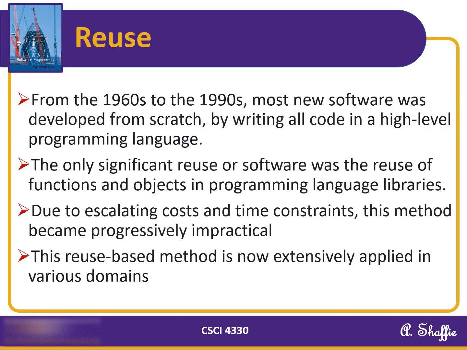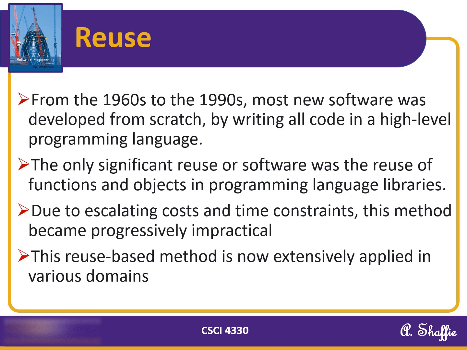Let's start with reuse in the software implementation. In the past, from the 1960s to 1990, most software was built entirely from scratch. Developers wrote code in high-level programming languages, and the only significant reuse came from using programming language libraries.